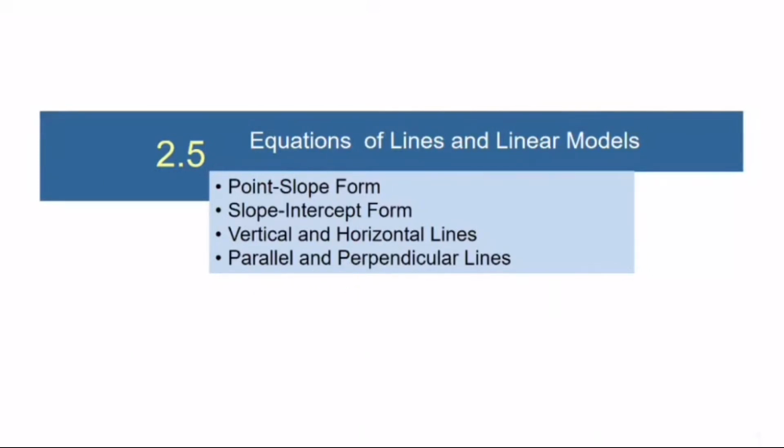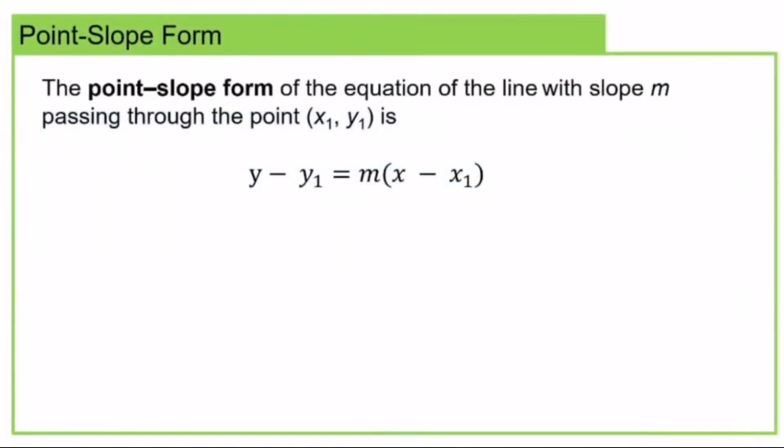So let's get started. We're going to start off talking about the point-slope form of the equation of a line. To use the point-slope form, you need to know the slope m of the line, and you need to know one point that the line is supposed to go through. We'll call that point x1, y1. So here's the formula.